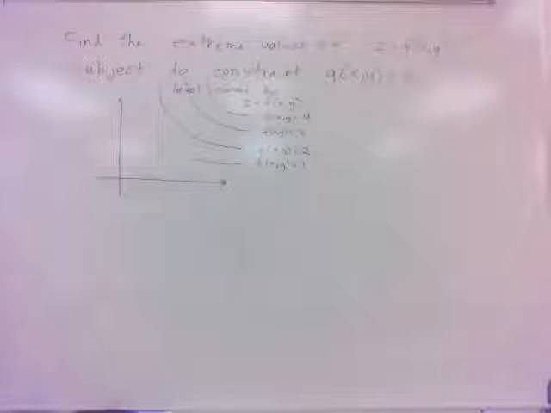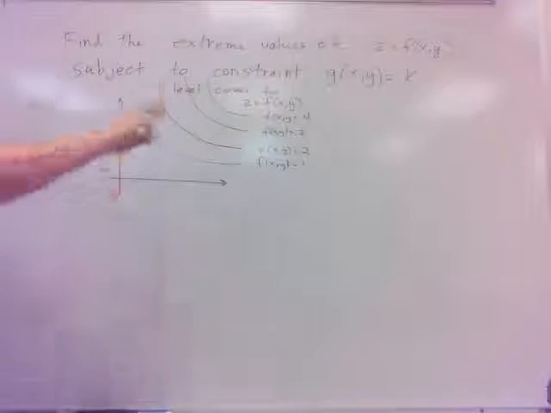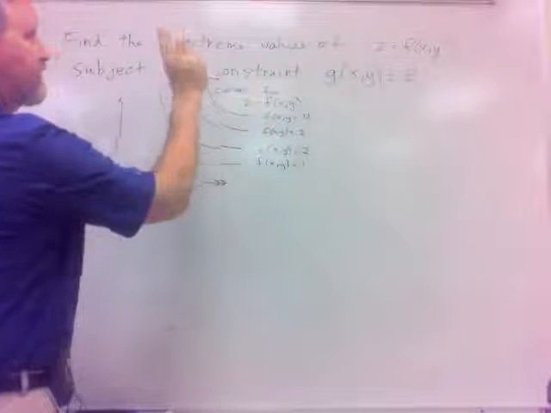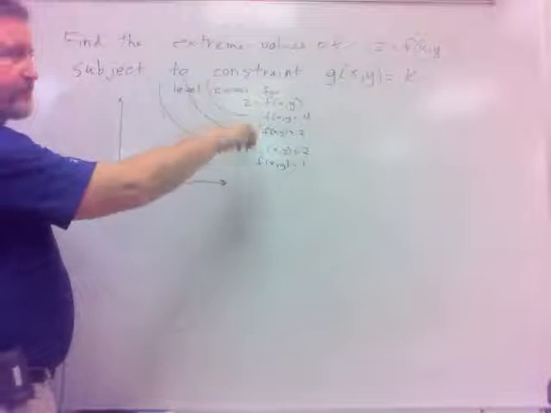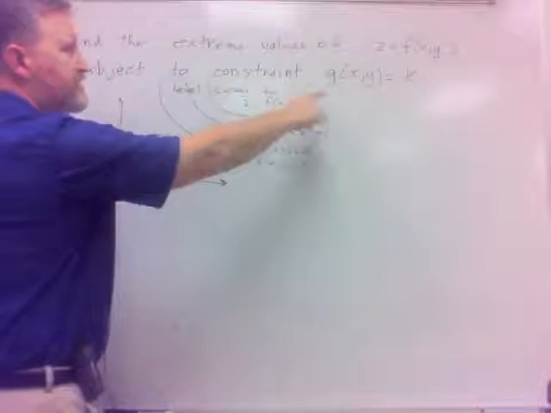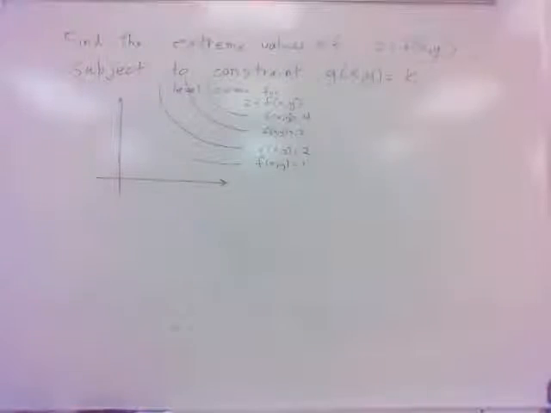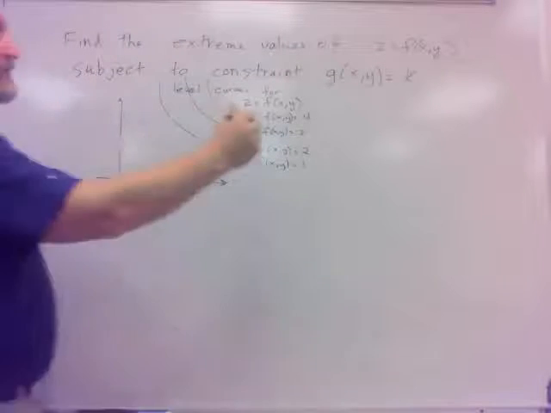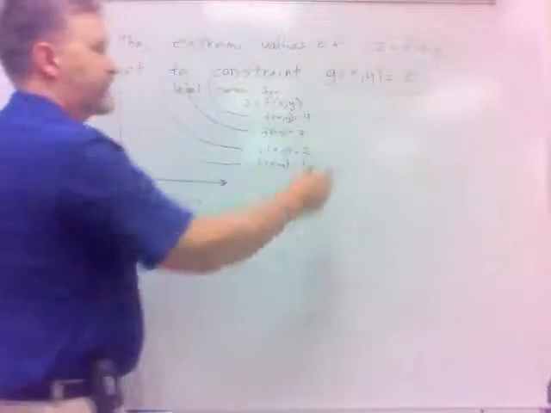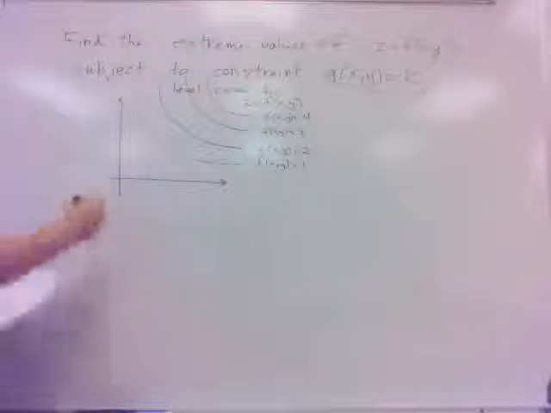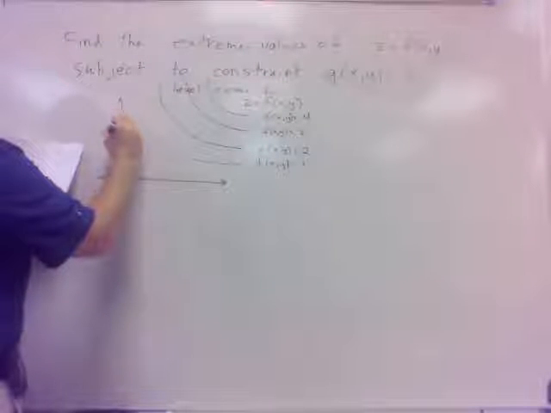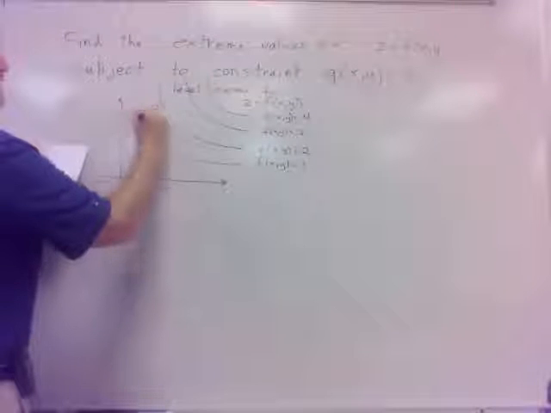It could be whatever. All right, well, we want to find the largest of these values such that g of x y equals k. And so what I need to do here is plot out this function, right? G of x y equals k. And let's just happen to say g of x y equals k does this.